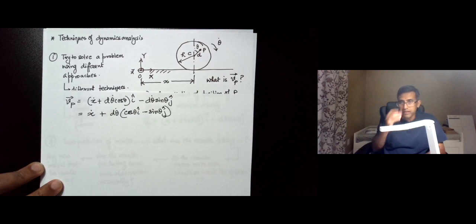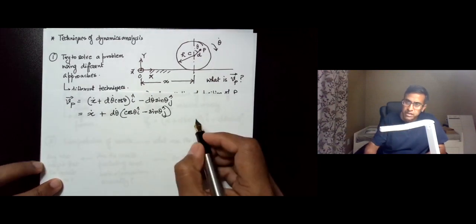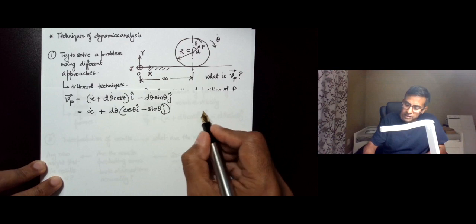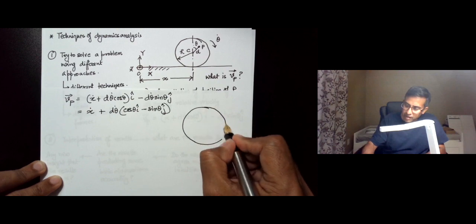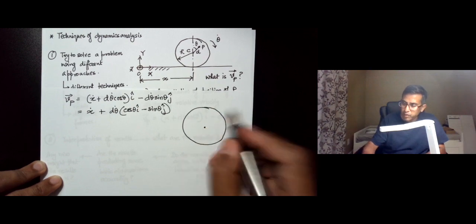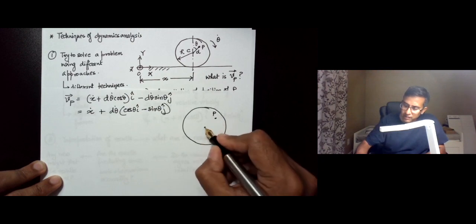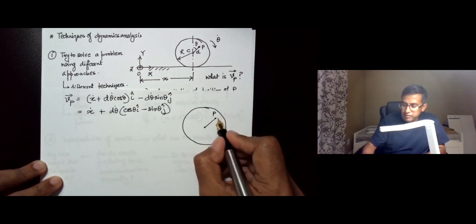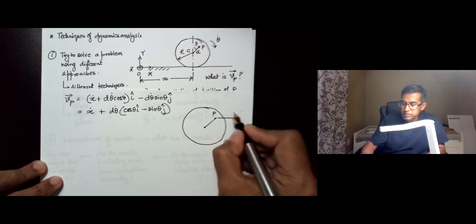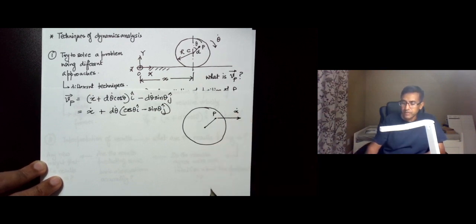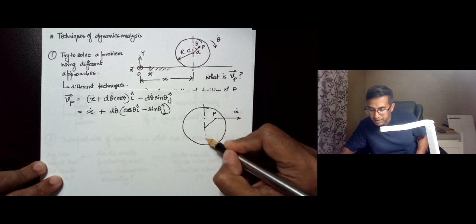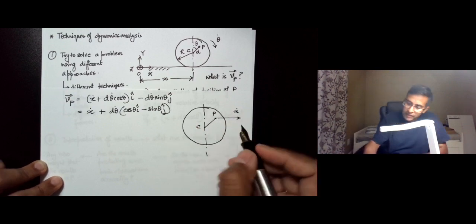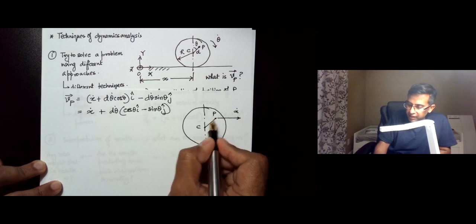Now, in general, if I take this second equation, what this is telling me is that the velocity at any given instant of this point P, if this is my point C and this is the point P, then there is one component of the velocity which is x dot, and the other component, let me just draw a vertical line through the point C, the other component d theta dot is perpendicular to CP.